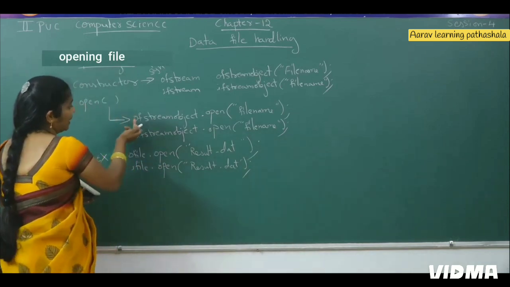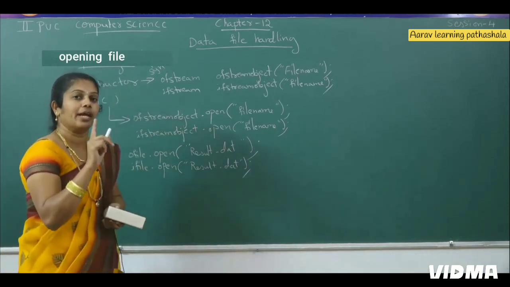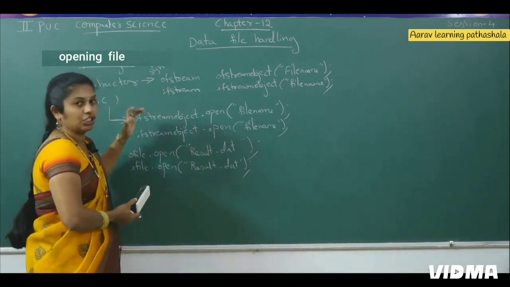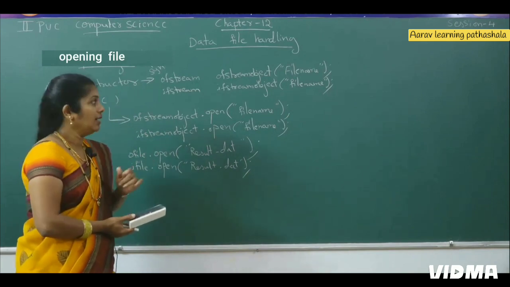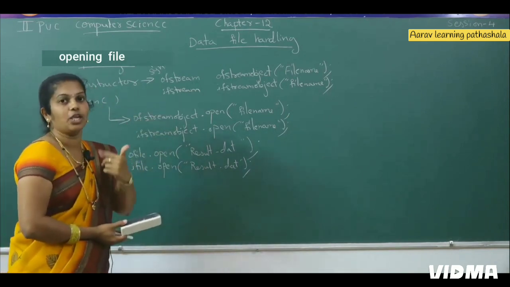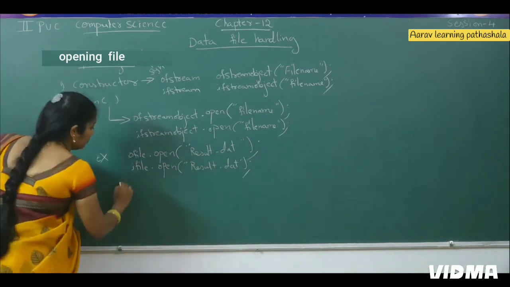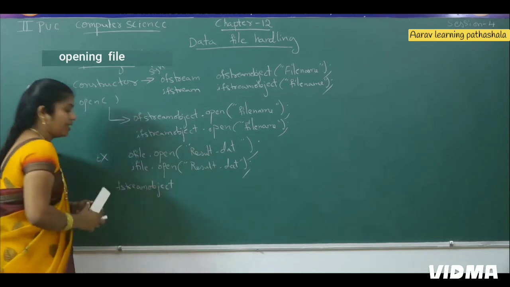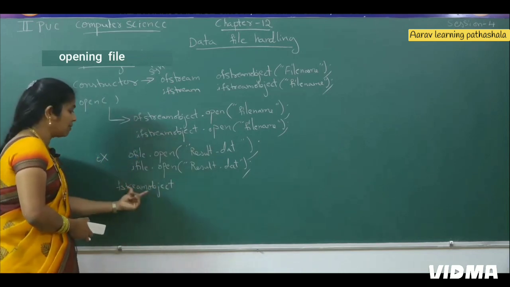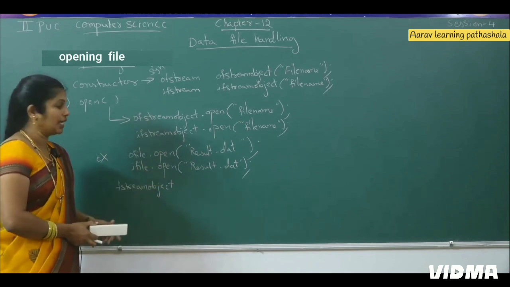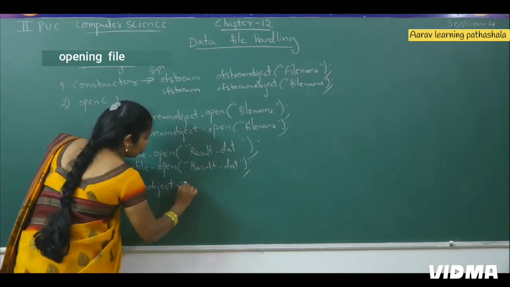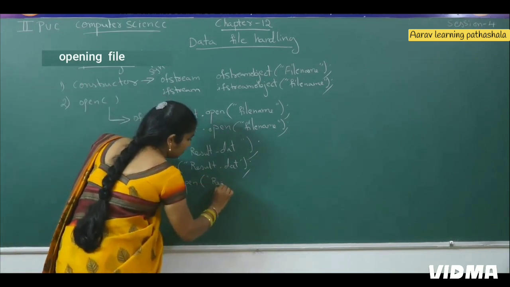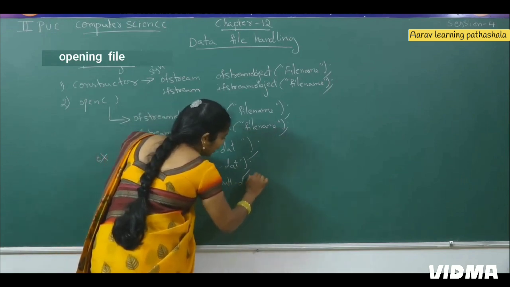If I want to open a file for both input as well as output purpose, then how to write it? In the place of ifstream as well as ofstream, you have to write fstream. fstream includes both ifstream operation as well as ofstream operation. Instead of the ifstream or ofstream object, you have to write an fstream object. fstream means it supports both input as well as output. fstream object dot open, inside the quotes you write the file name, for example result dot dat.